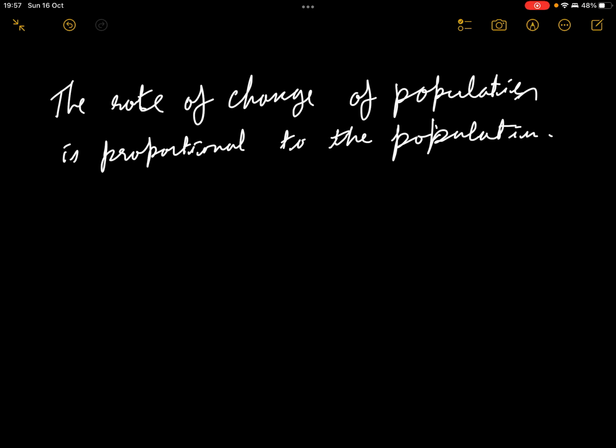So if there's more people, the population will change faster because more people are having babies potentially. So we can write this in shorthand, basically like this.